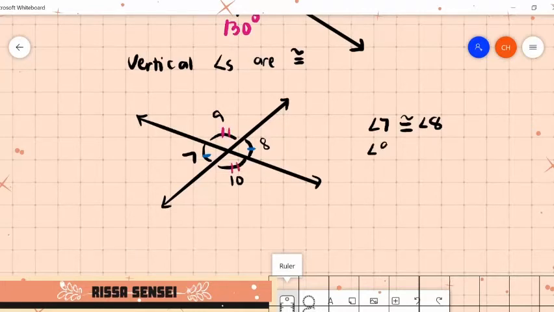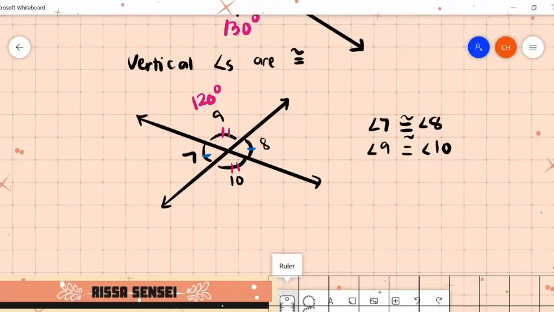So angle 9 is congruent to angle 10. Let's say the measure of angle 9 is 120 degrees.